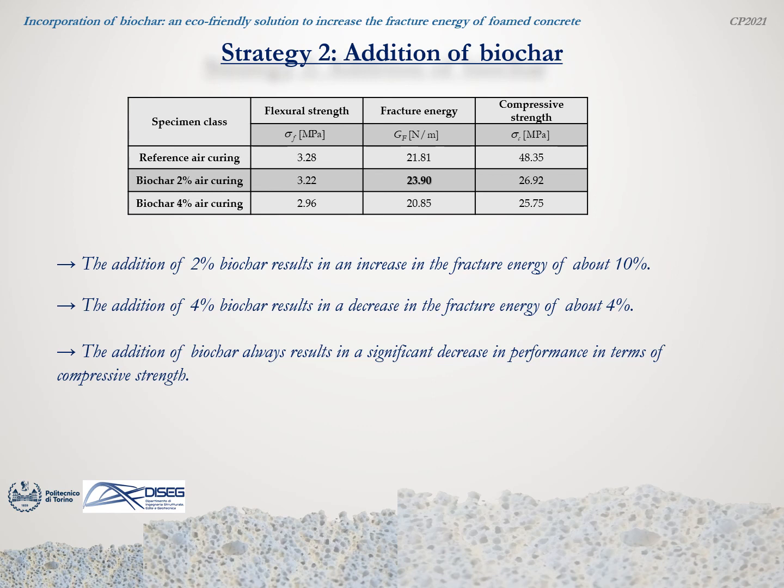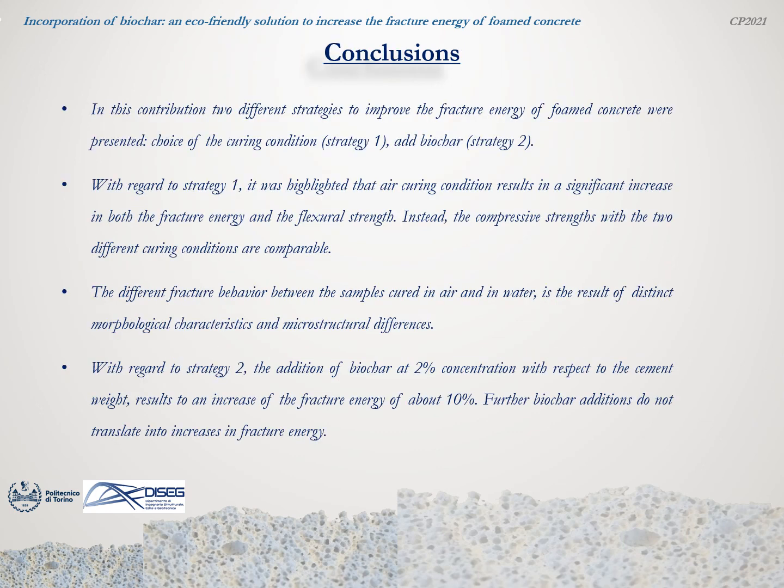This result is justified in view of the modifications of the fracture path provided by the biochar additions in the foamed concrete microstructure and in view of the fact that, unlike biochar at 4% concentration, the presence of the 2% biochar doesn't produce a decrease of the flexural strength. However, in any case, the addition of biochar gives rise to a significant decrease in performance in terms of compressive strength.